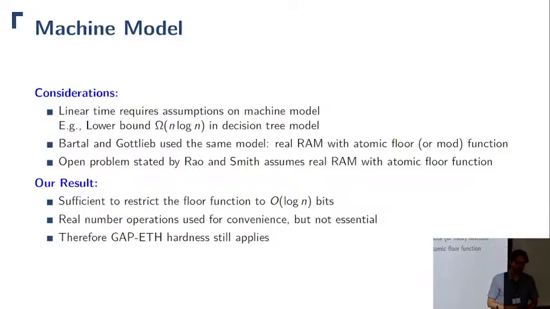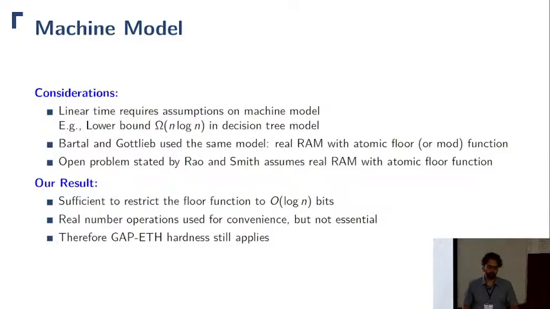Yes? What is the atomic floor function? That means that I can round numbers in one step. I can round a fractional number to an integer in one step. In an atomic manner.